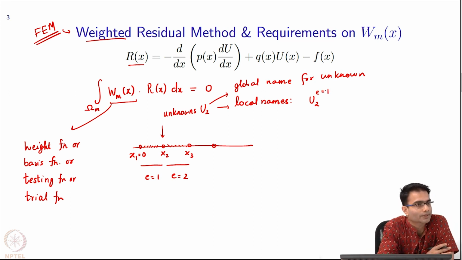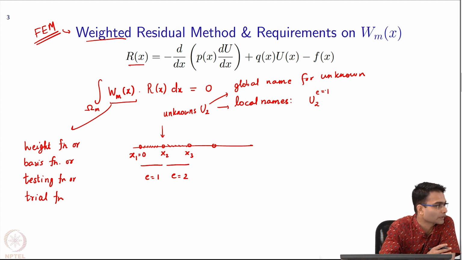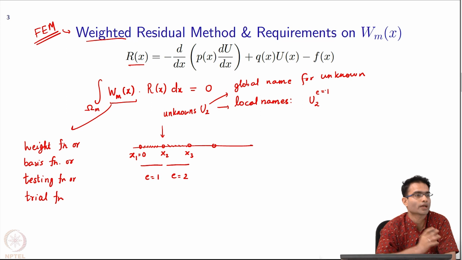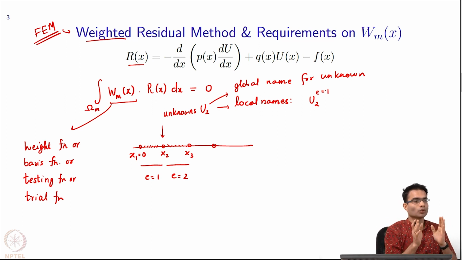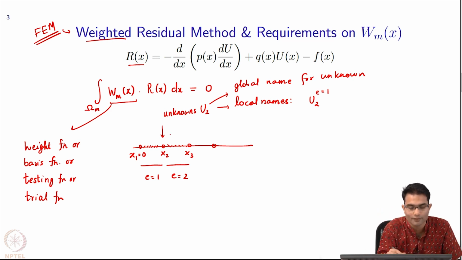Can I refer to it like this? So superscript is E is equal to 1. So every element has two unknowns, the left node value and the right node value. Left node value I called as 1, right node value I called as 2. So it's E is equal to 1, and for E is equal to 1, that is this guy, which is it, the left or right node? X2 is the right node. So I called it U2, E is equal to 1.